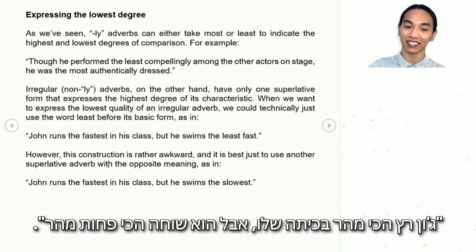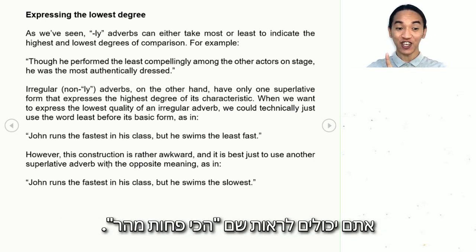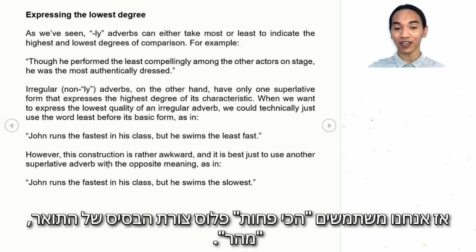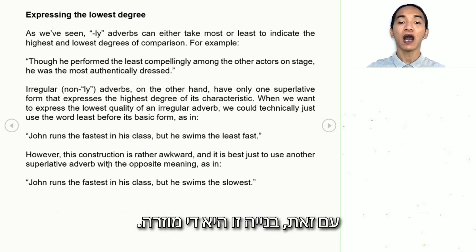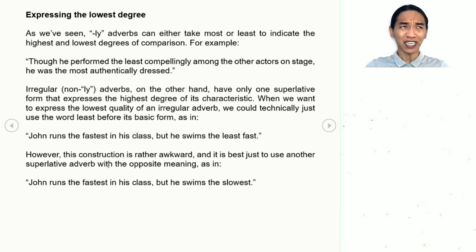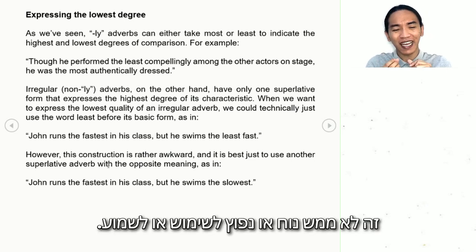Example: John runs the fastest in his class, but he swims the least fast. You can see there, least fast. So we use least plus the base form of your adverb, fast. However, this construction is rather awkward. It's not really very comfortable or common to use or hear.